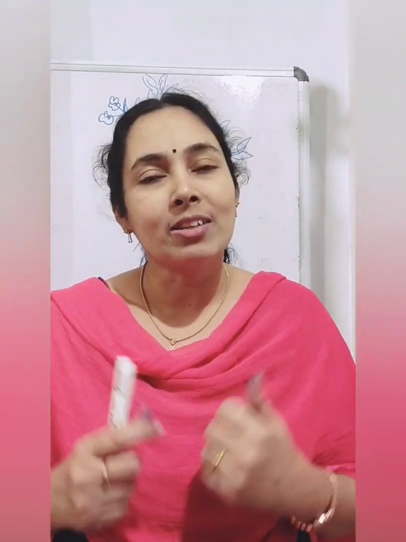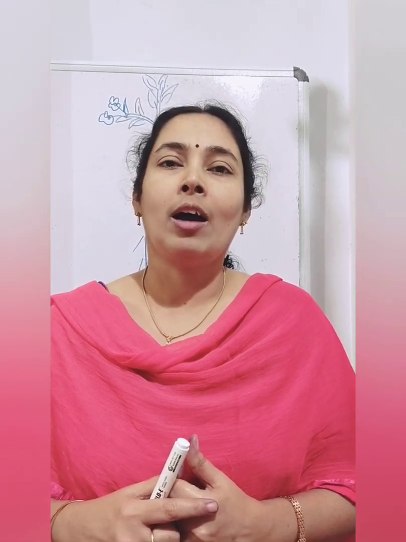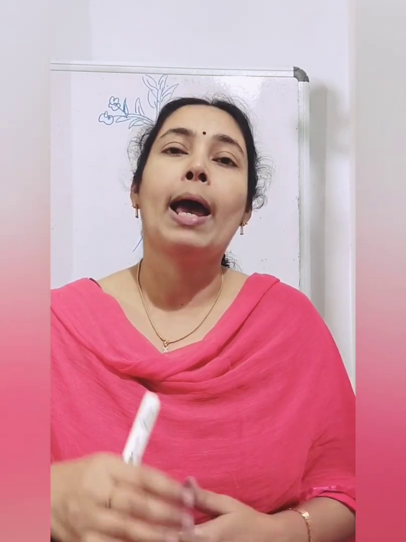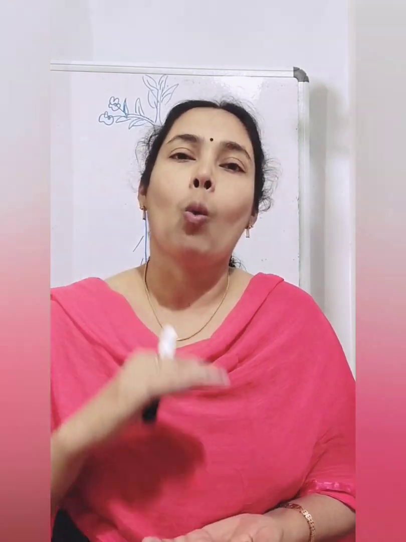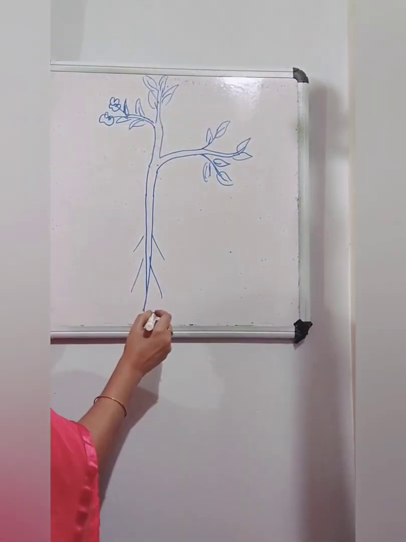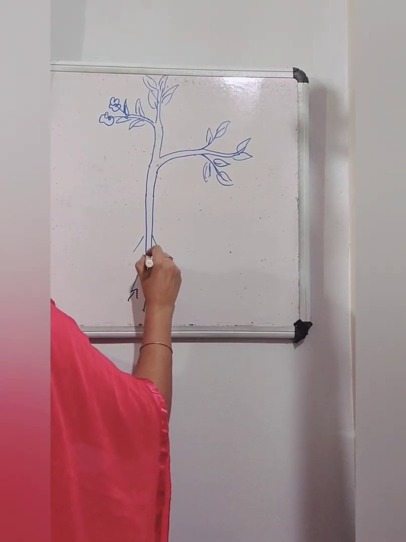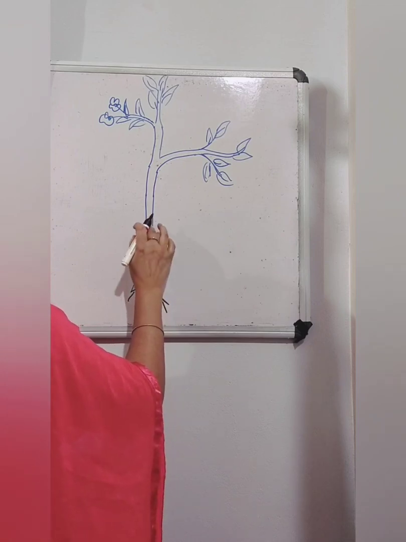Okay, my dear students. So after watching the activity, what do you understand? What is the function of stem? Stem carries water from roots to leaves. Or stem helps in the upward movement of water. Or stem carries water and minerals to leaves and all other parts of the plant. So we know the roots absorb water from the soil, and after this the water reaches the stem.